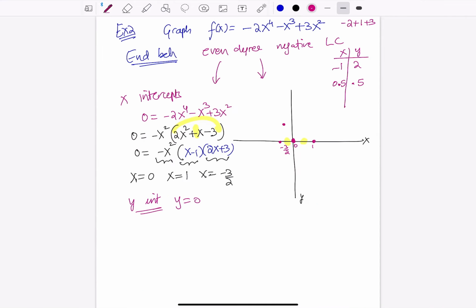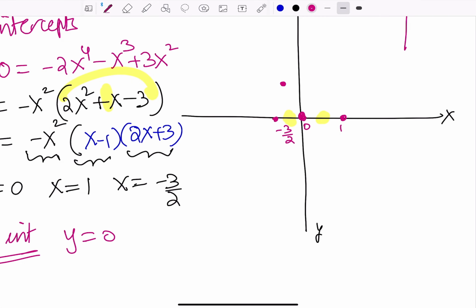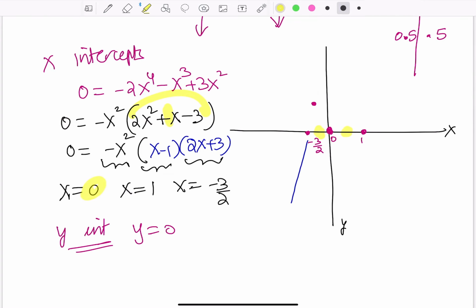So my graph is going to look like this. The multiplicity of root 0 is 2. Be extra careful. Your graph is not going to cut through at the point 0. It's going to cut through at point 1 and negative 3 halves.